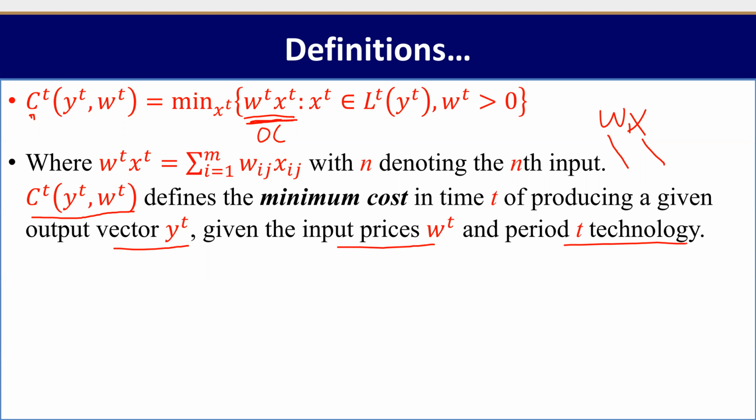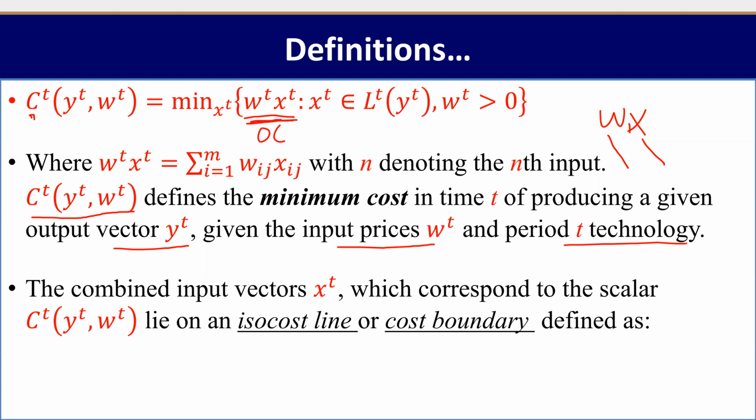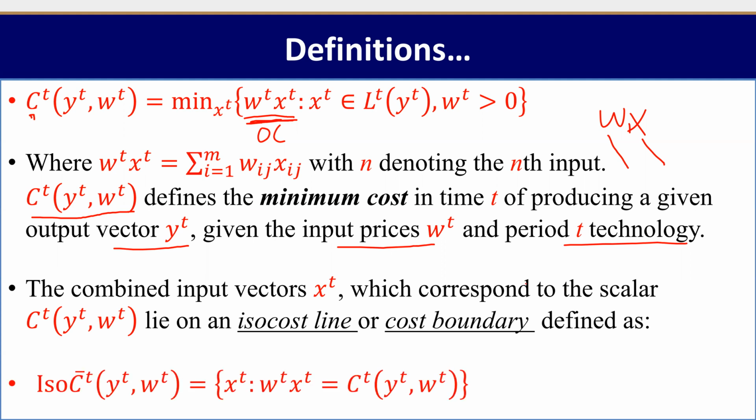So this is a minimum cost basically. And the minimum cost, if we combine the input vectors, this is interesting. Each input vector corresponds to a scalar, which is this. If each input vector lies on the isocost line, remember, we are going to see the isocost line.